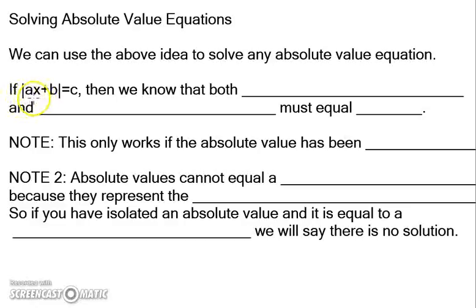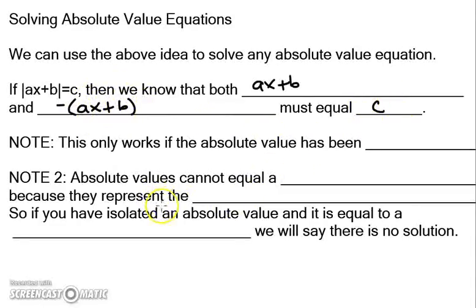So if we have something like the absolute value of ax plus b equals c, then we know that ax plus b has to equal c, but we also know that both ax plus b and the opposite of ax plus b have to equal c. So this ax plus b takes the spot of 5. 5 was 5 spots away. Negative 5 was 5 spots away, and this is just how many spots we are away.